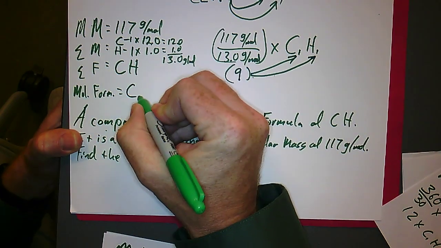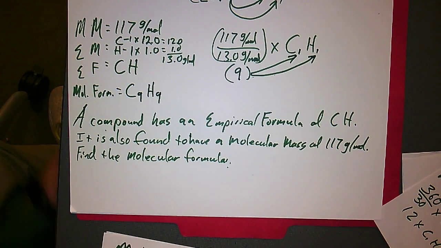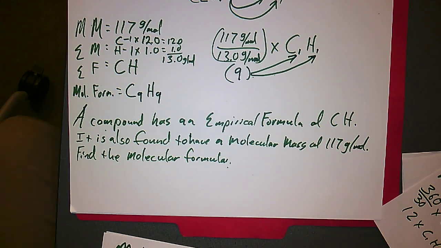So it'll be C9H9. That's it. The molecular formula for this compound would be C9H9. I'm not even really sure this is a real compound. I just kind of made it up. C6H6 is a real compound, but that's benzene, I believe, which is a carcinogen, so be careful.